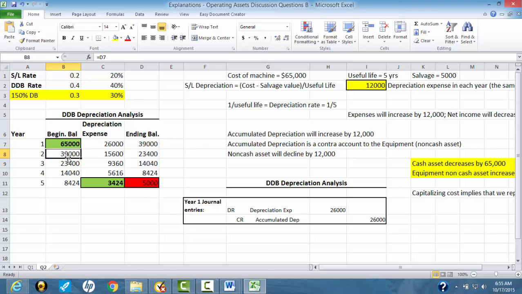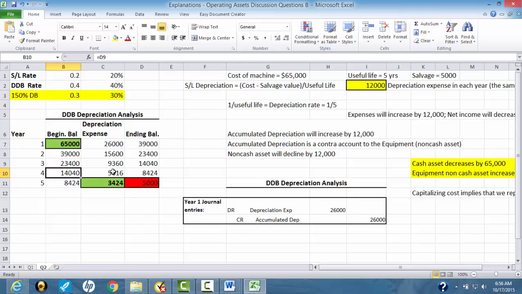Now, if the beginning balance is 39,000 and it is depreciating by 40%, the depreciation in the second year will be 15,600, which means we'll be left with 23,400, which becomes the beginning balance in the third year. 40% of that is 9,360. Ending balance becomes 14,040. Fourth year, we have 14,040 as the balance.